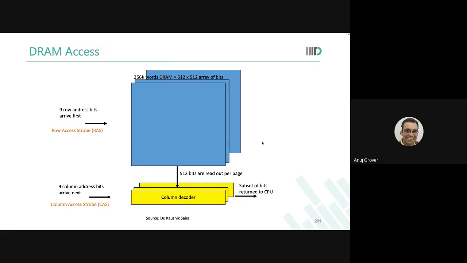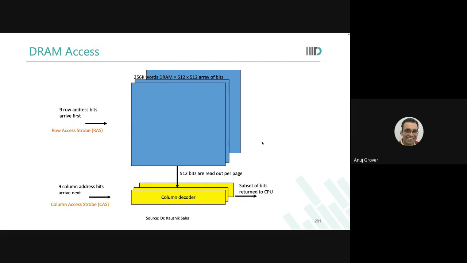Once the output comes, I have to take some time to send the output to the chip. The challenge here is that CAS cannot be changed until the output has been sent out. So now my entire memory is in wait mode. What is it waiting on? The output being sent out.